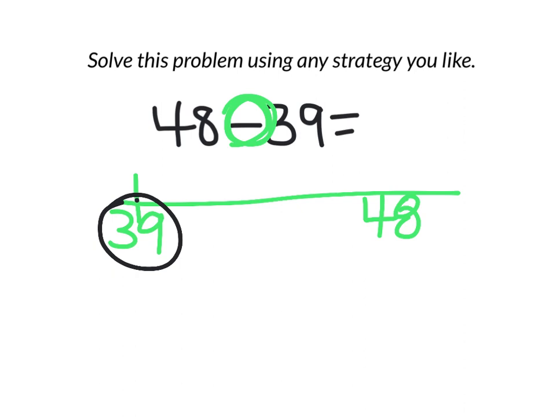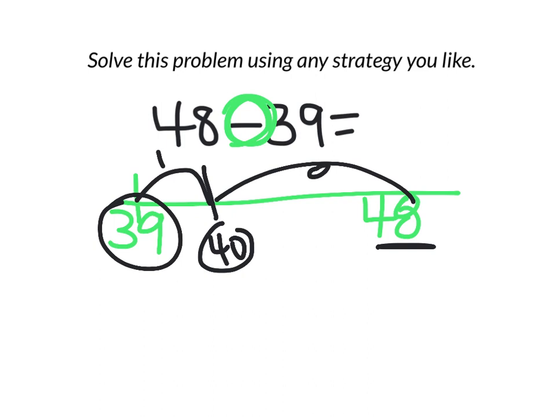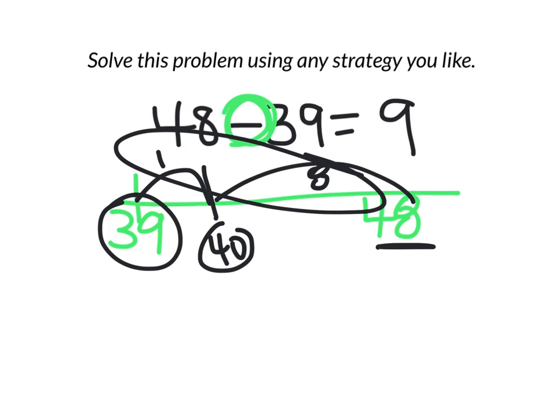If I'm at 39, the next friendly 10 is 40. That's one jump, okay? If I'm at 40 and want to get to 48, it's easy. That's just 8 jumps, okay? I'm done. I add the 8 and the 1, the answer's 9. So when you're looking at a subtraction problem, if the numbers are really close like that, you want to use a number line jumping up. That's my suggestion to you.